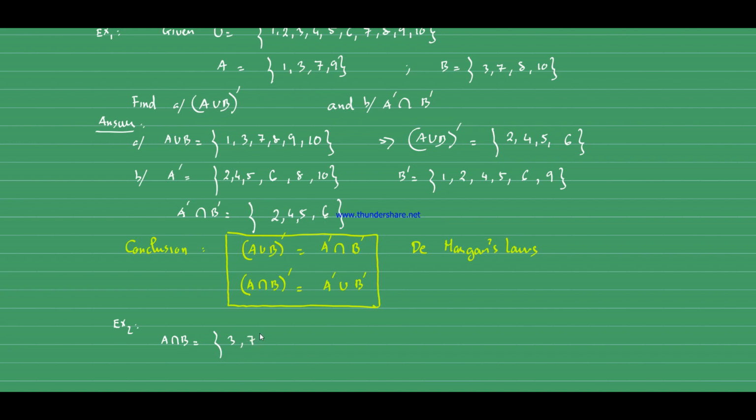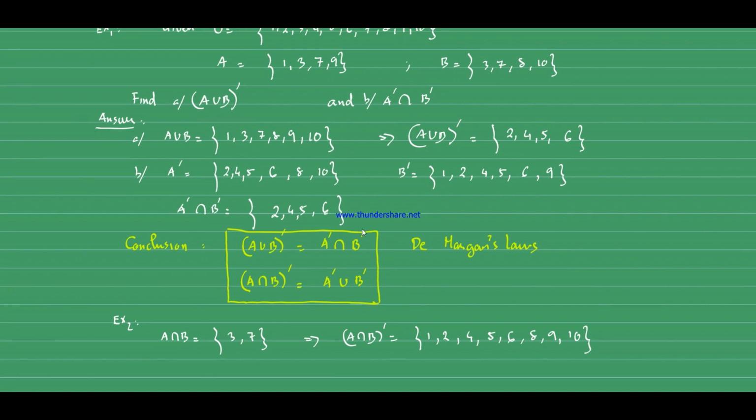Then I find the complement of that intersection set. The complement will be 1, 2, 4, which is not inside this but inside the universal, and 5, 6, 8, 9, 10. Okay, that's the complement of the intersection set.